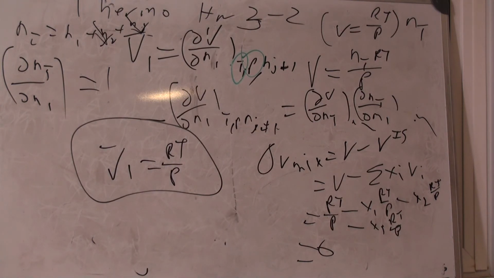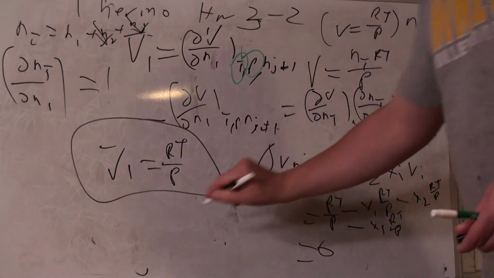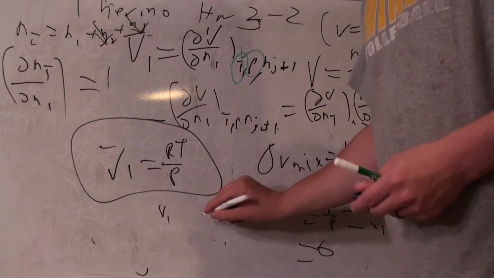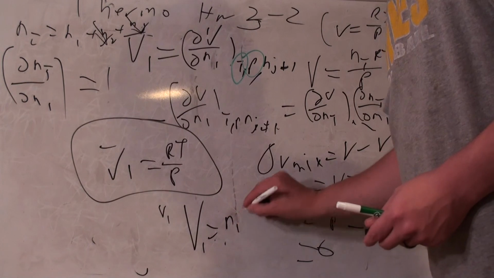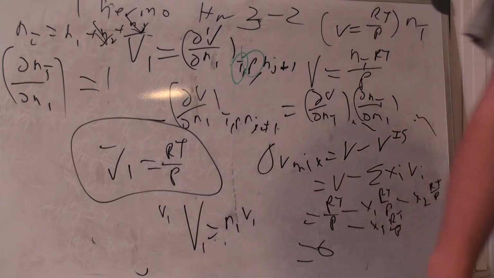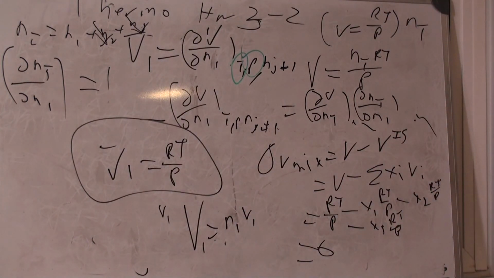Now, what about capital V1? Well, I know what little v1 is. So capital V1 is equal to the moles of N1 times the molar volume of component 1 as a pure system. And that's where I would add that.